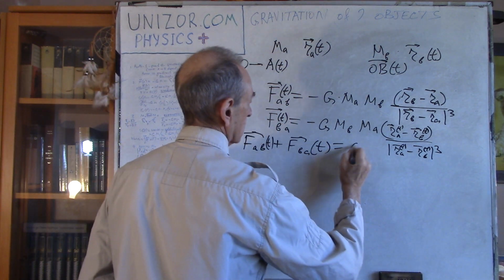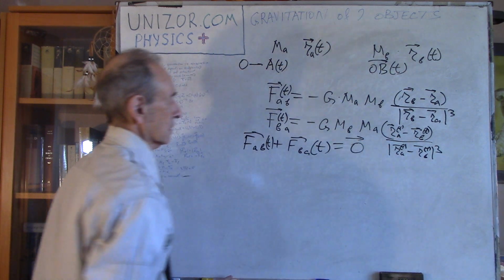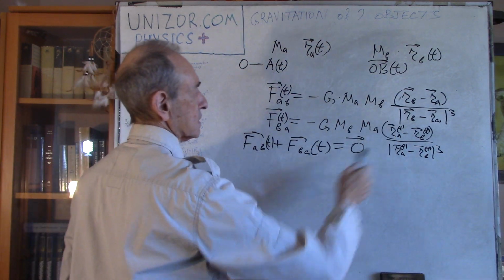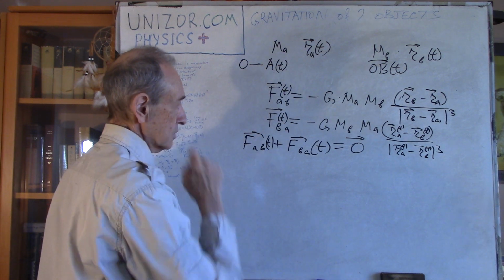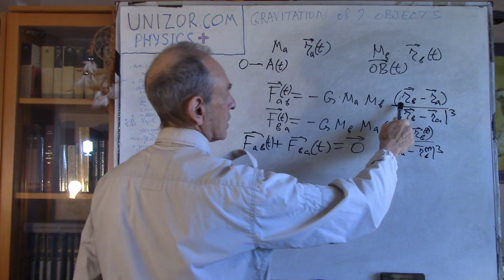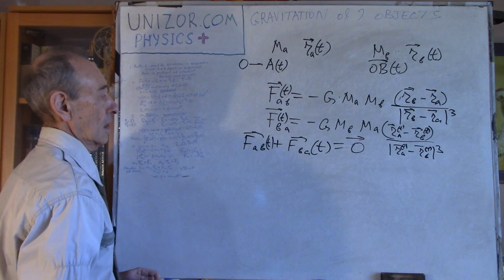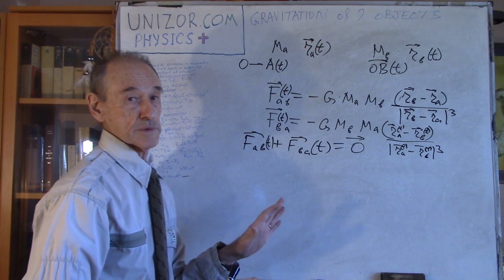So this is equal to null vector. These vectors are equal in absolute value, in magnitude, and opposite in direction because this is RB minus RA, this is RA minus RB. Okay, so far we know this.